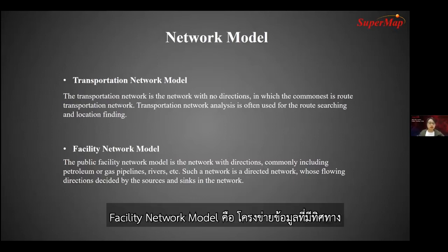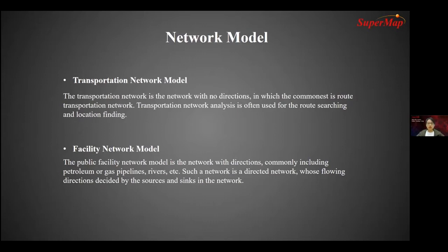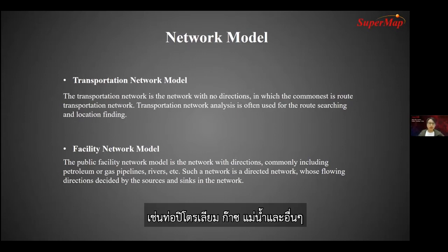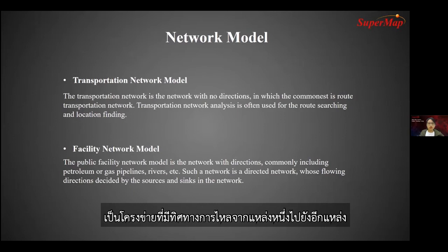And the facility network model is the network with directions, commonly including petroleum or gas pipelines, rivers, and others. Such a network is a directed network, whose flowing directions are decided by the sources and sinks in the network.